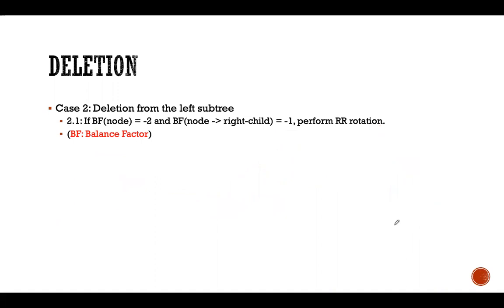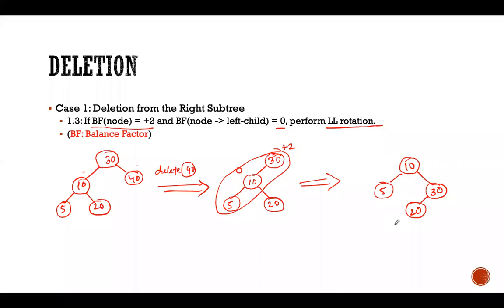I had a quick question, professor. If you can go back a slide, right here, will a question like this always tell us to do an LL rotation, or could we do a left-right here? You are going to decide which rotation you need. These are the cases.